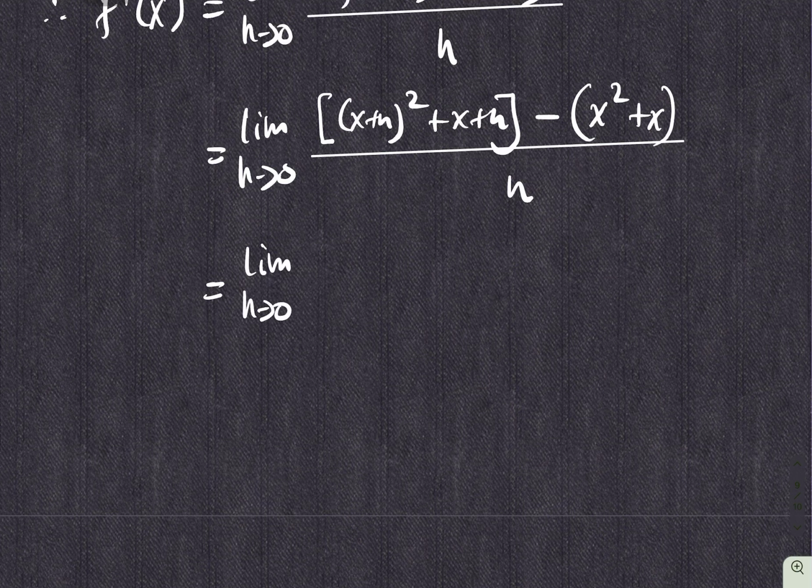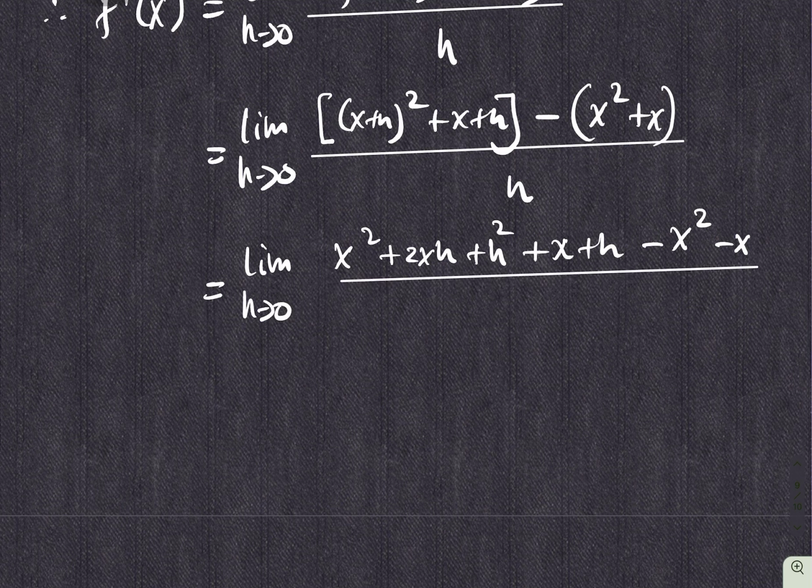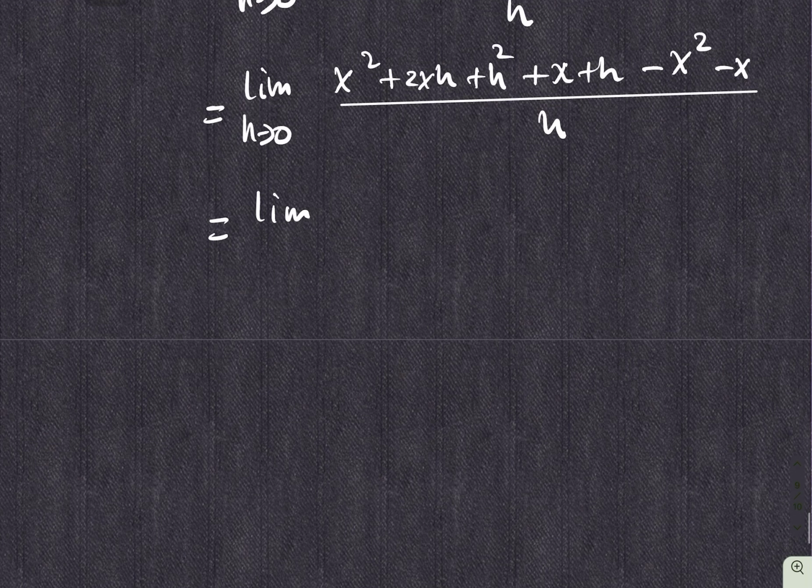You need to try to expand this stuff, and to do this will give you x squared plus 2xh plus h squared. You still have your plus x and then plus h there. You remove the brackets there. This becomes negative x squared and negative x. You divide this stuff by h. You can really simplify your like terms in the numerator. So you get, let's see what you get.